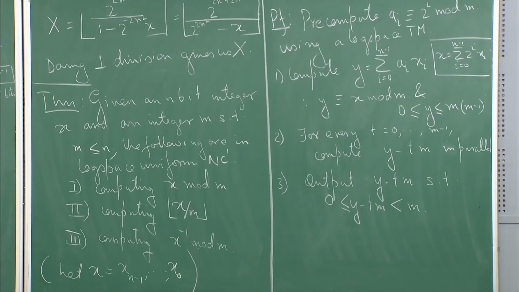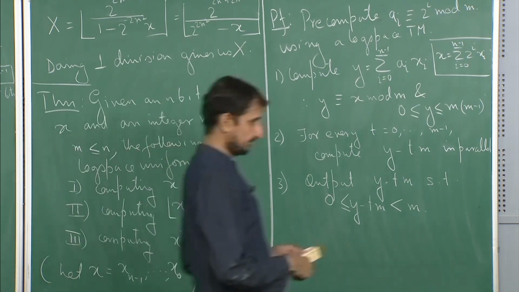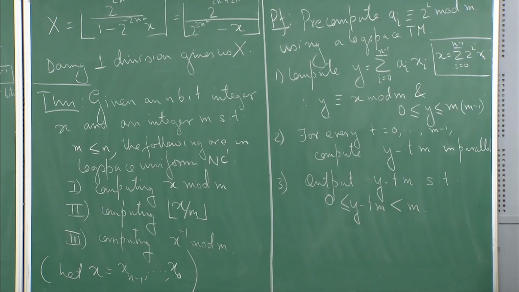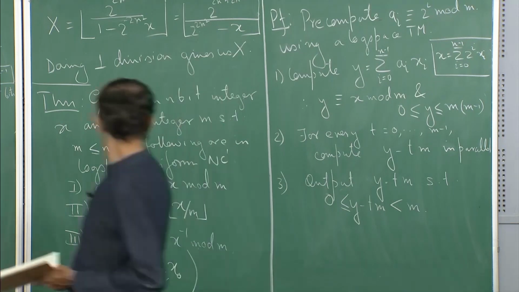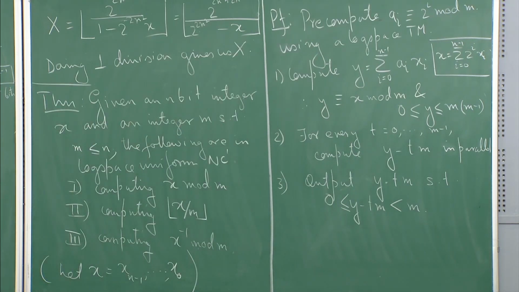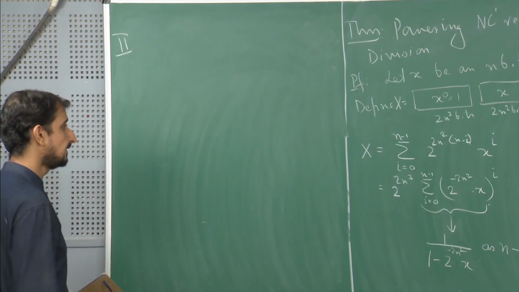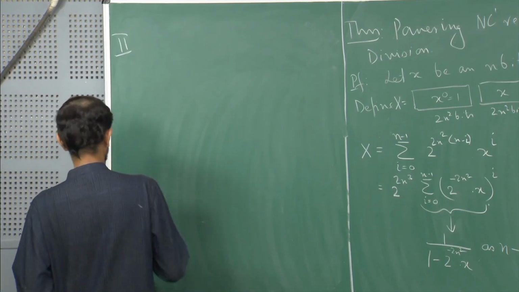Okay. So now moving to the next part. The next part is again something that I will just leave as a small exercise. Once we have the remainder, how do we get the quotient?